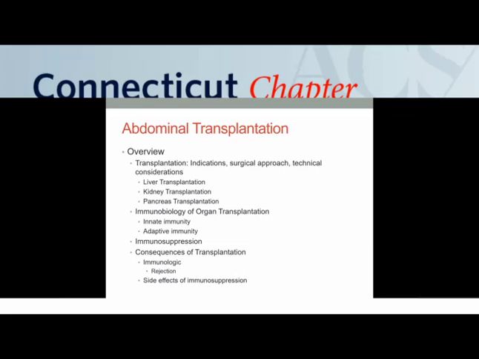So this talk will basically cover indications, surgical approach, and some technical considerations for liver, kidney, and pancreas, cover some immunobiology of organ transplantation so we can get a general overview of what is key in terms of this next topic, which is immunosuppression, and then discuss some of the consequences of transplantation, both immunologic, such as rejection, and then the side effects of immunosuppression, including infectious and to some degree malignancy-related complications.